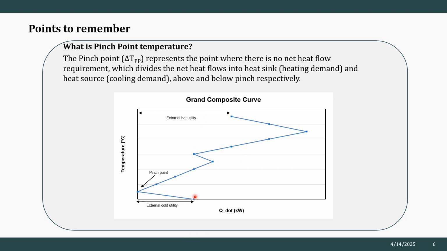If we do so, we are extracting the heat from the part of the system where heating demand is necessary and adding it to the part of the system where cooling demand is necessary. So we are increasing both the external heating and cooling requirements in the process. That's why we should not transfer energy across the pinch, like transferring energy from above the pinch to below the pinch.